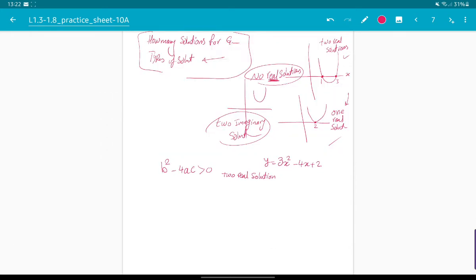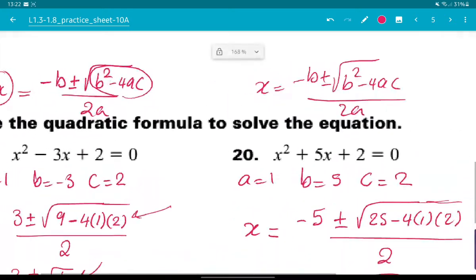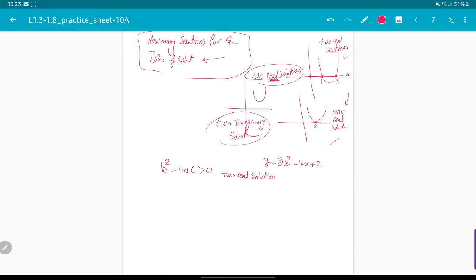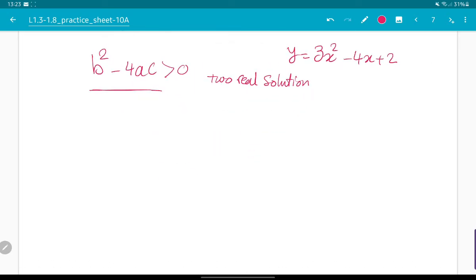Yes, it's inside the square root here. So if this part is positive, we will have an answer. This answer we will take two times, one with positive, one with negative. That's why we have two solutions. So this discriminant, which is positive, means we have two real solutions.